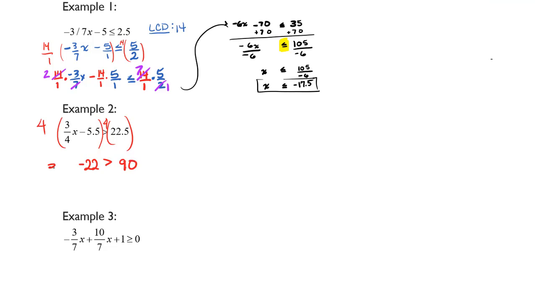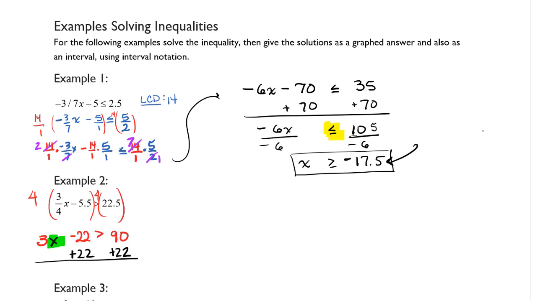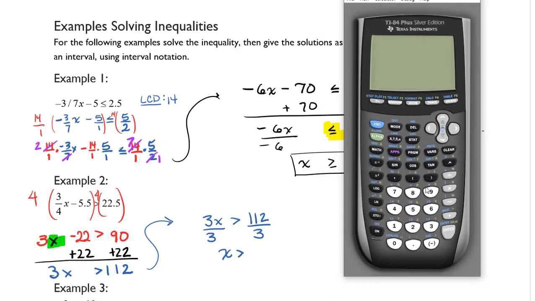Okay, so we have 3x minus 22 is greater than 90, so we need to isolate that x. I'm going to add 22 to both sides. After I add 22 to both sides, I have 3x is greater than 112. 112 divided by 3. Let's go ahead and check that to see if it reduces in any way.